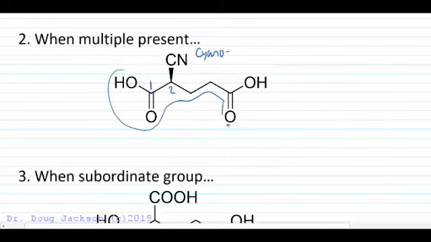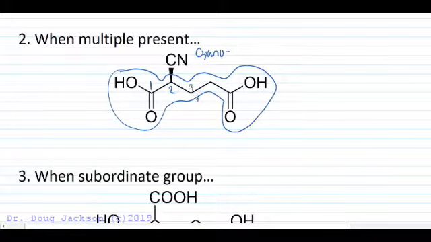So our parent chain here will contain both of the highest priority groups, but we can also lower the cyano group by numbering left to right there. Now carbon to nitrogen is lower than carbon to oxygen, so we'd have a 1, a 2, and a 3.